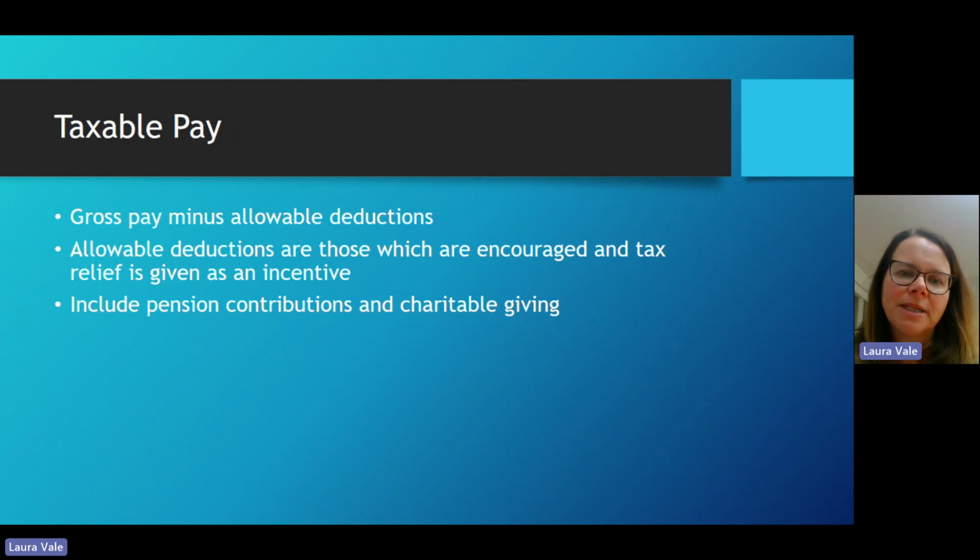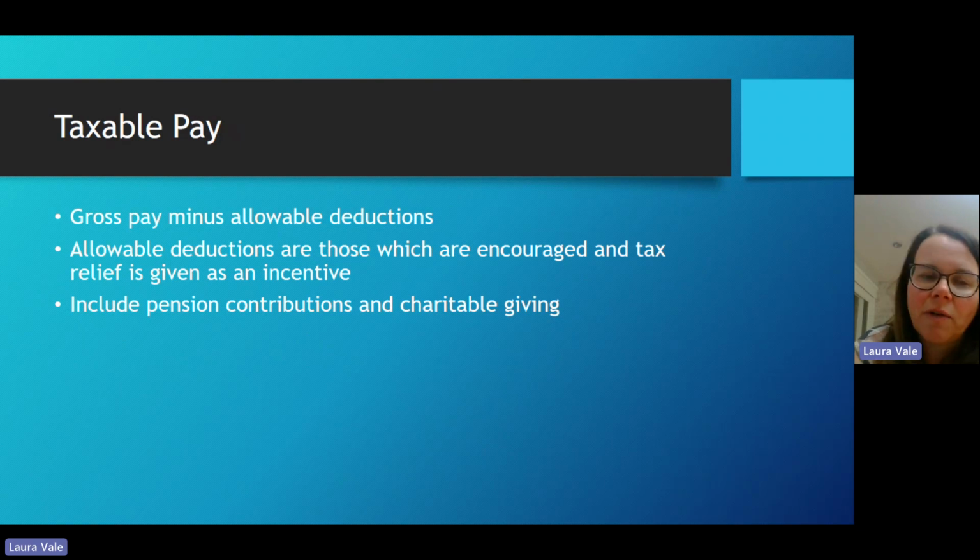So what are these allowable deductions? Well, they are things which are to be encouraged in the eyes of the government. And to encourage you to do that, they give you some tax relief. So basically what that means is if you were putting money into a pension or giving money to charity, then the gross amount of those contributions would be subtracted from your gross pay before your income tax is calculated.